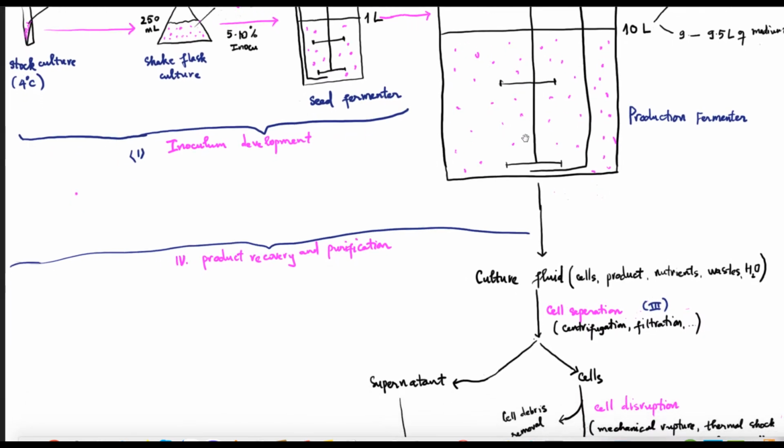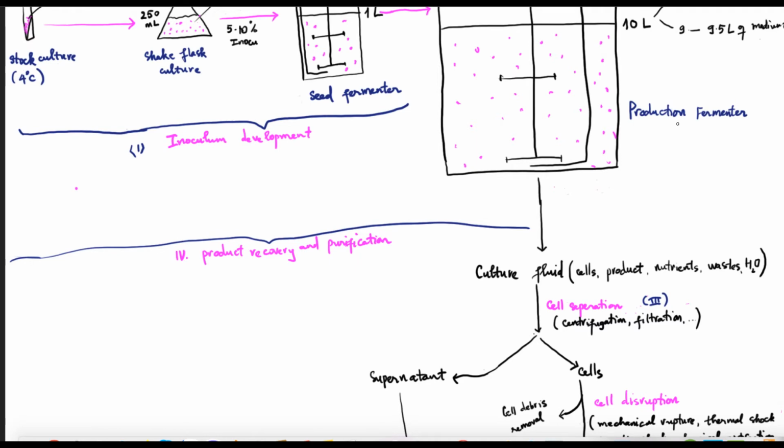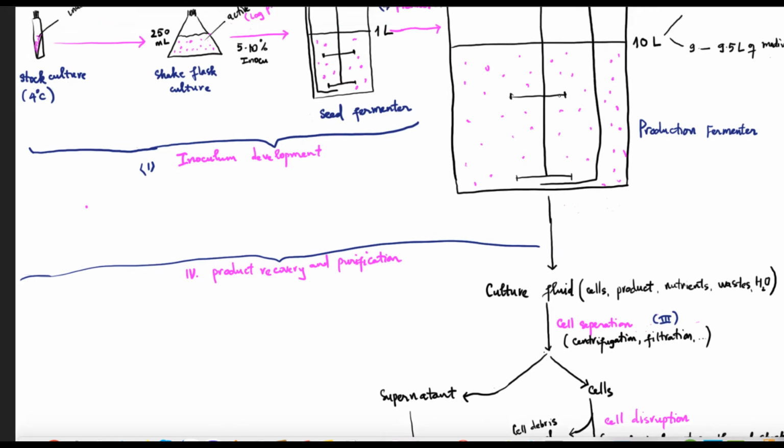The next step after the fermentation process is called product recovery and purification. The mixture in the production fermenter is called culture fluid. Culture fluid contains microbial cells, the desired product, the remaining nutrients, waste, and mostly water.